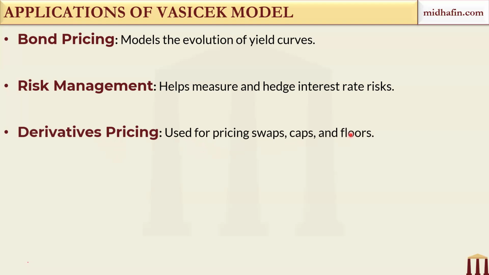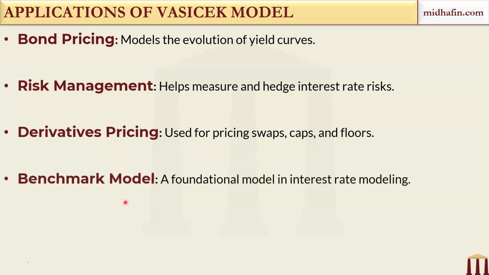And perhaps most importantly, it serves as a foundation or benchmark for more advanced models like Hull White, Gauss Plus, CIR. Those models have refined some of the limitations of the Vasicek model.